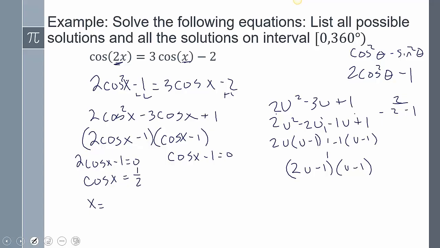Cosine inverse. So where in the unit circle is my cosine 1/2? Add 1. Cosine inverse. Where in the unit circle is my cosine 1? But this is the most important piece.